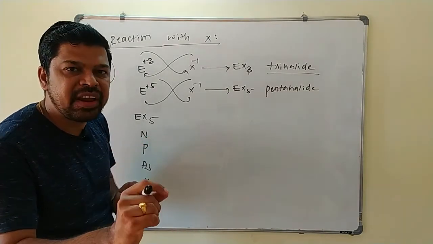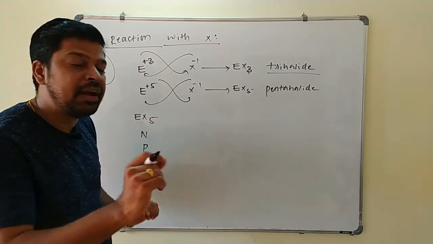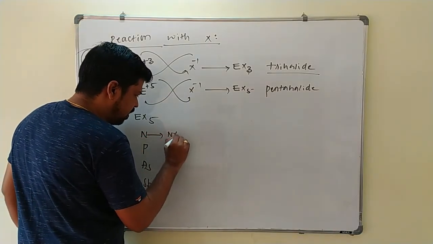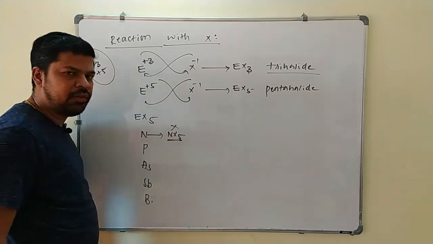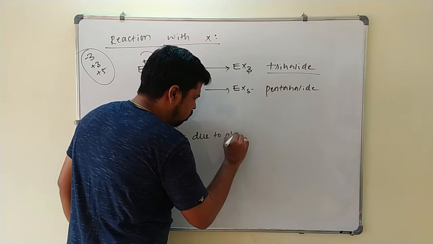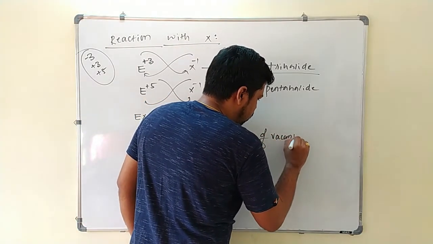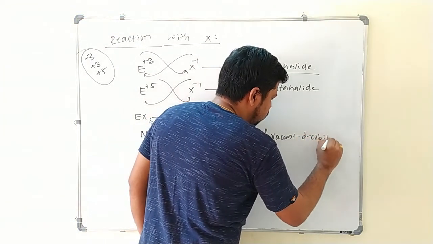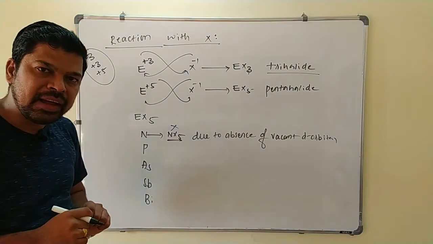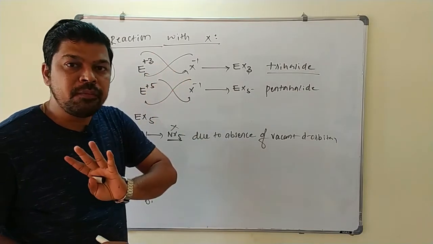Due to the absence of vacant d orbitals, nitrogen will not form any pentahalide; NX5 is not possible, because the maximum covalency of nitrogen is 4 only. It cannot form 5 bonds.